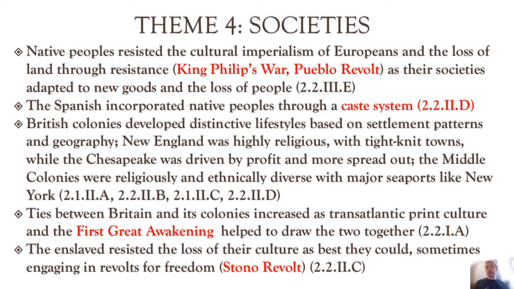A great example of fighting back would be the Stono Revolt in South Carolina in 1739, which is not successful, but it does illustrate how the enslaved are resisting the conditions that they face. That has been our 4-slide look at periods 1 and 2.